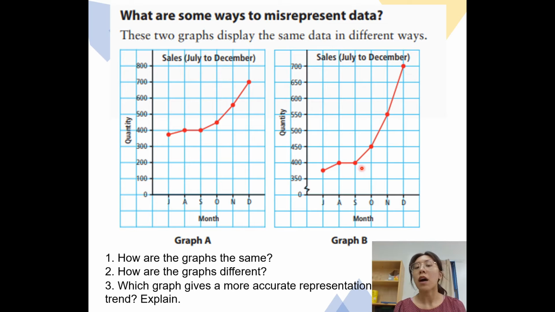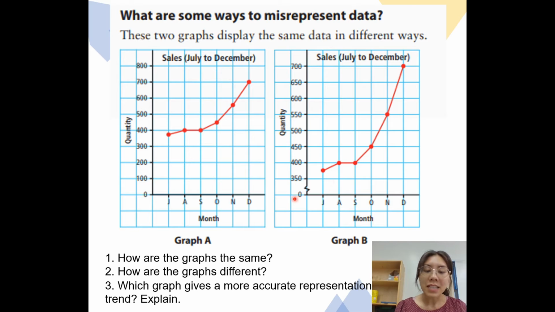And so that is a positive for graph B. However, graph B can be slightly misleading because for people who are quickly glancing at this data and don't quite look at the scale yet, they might think that the sales in July, August and September were absolutely horrible. And part of it is because these dots are really close to the axis here.